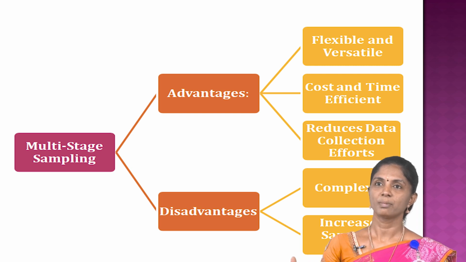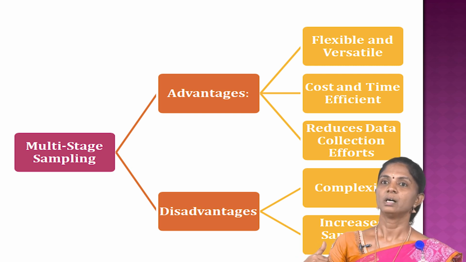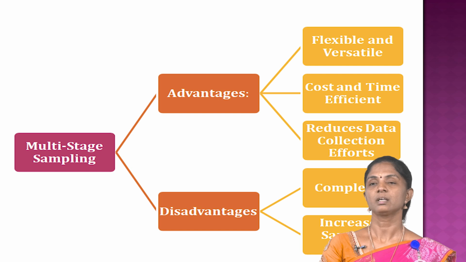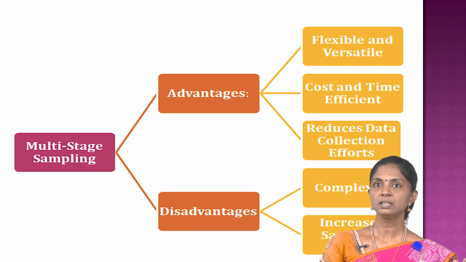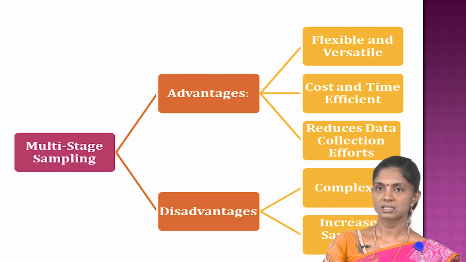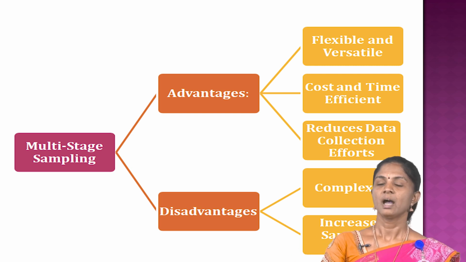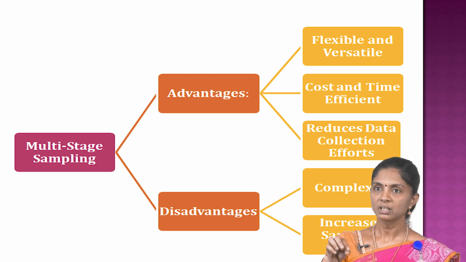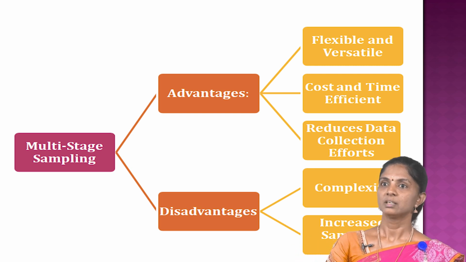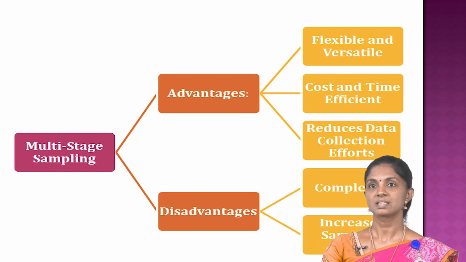So the example of multi-stage sampling: a national health survey aimed to assess the health status of the population across the country. The survey could follow these steps. First stage, select several states, the primary clusters, and the second stage, within each selected state, randomly select counties, secondary clusters.